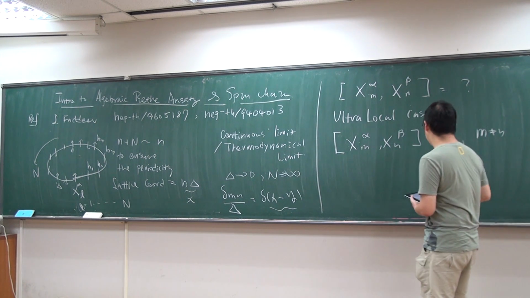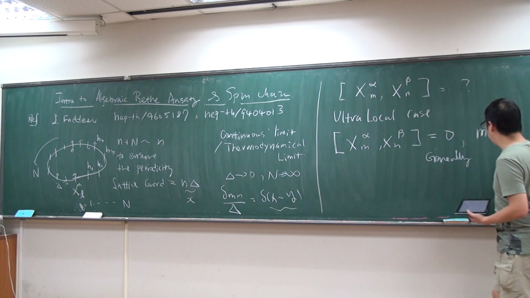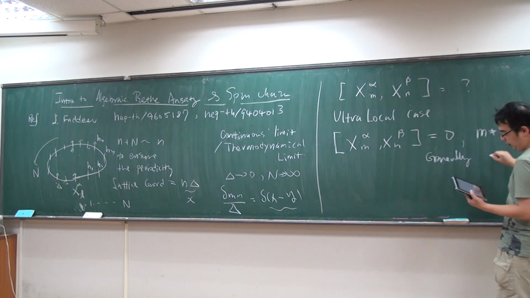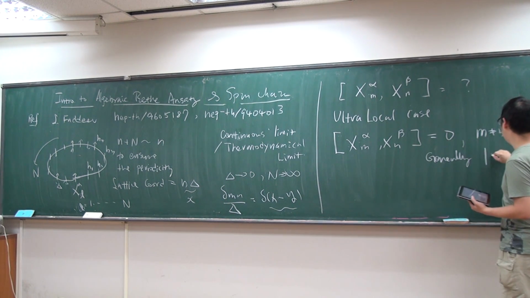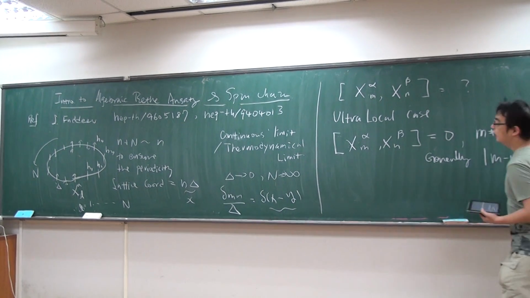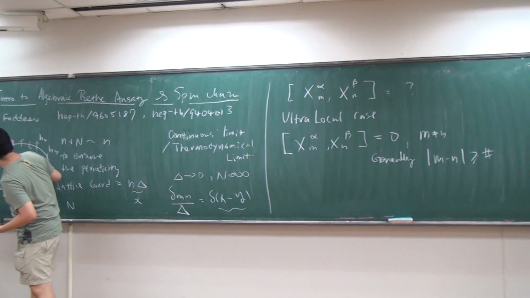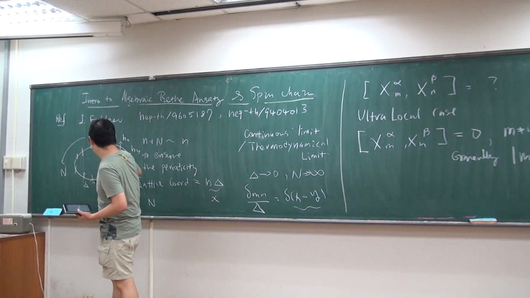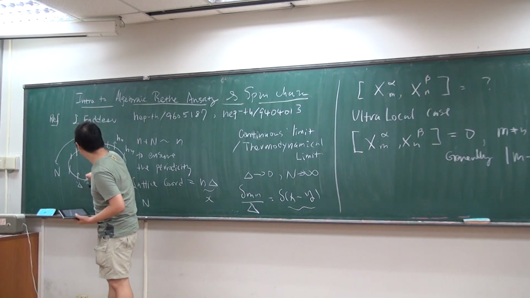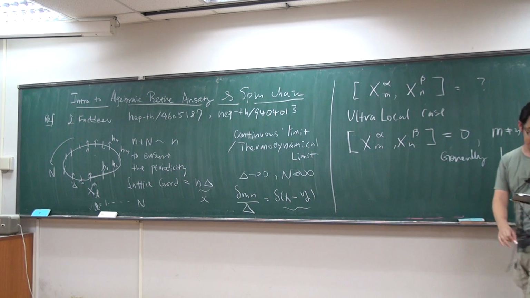So generally, we count this as 0 only when m minus n is greater than some number. It depends on how many neighboring sites you would talk to for a given lattice site here. Okay?